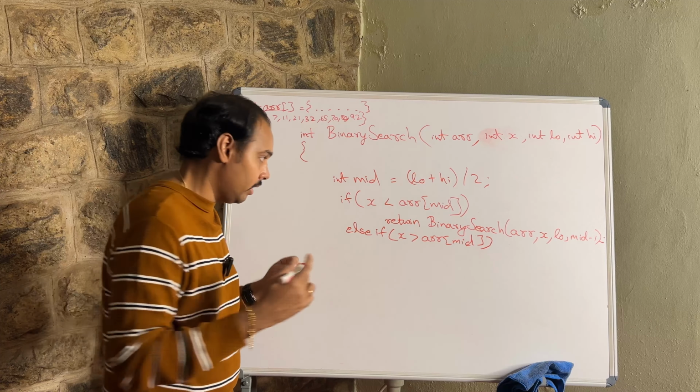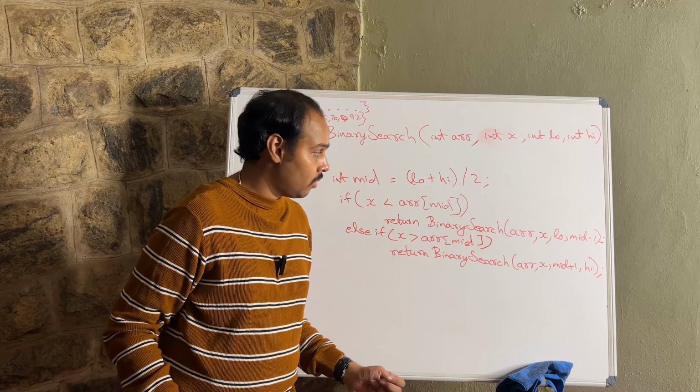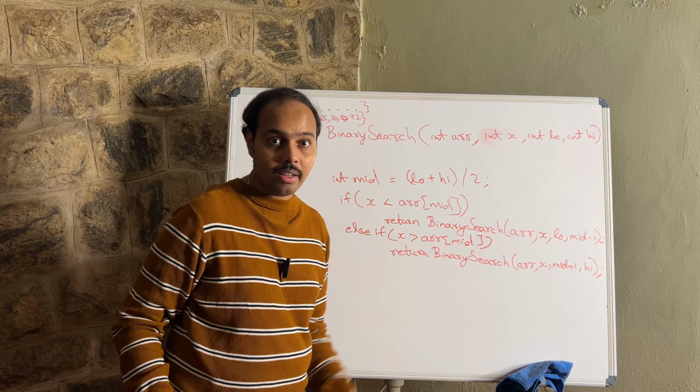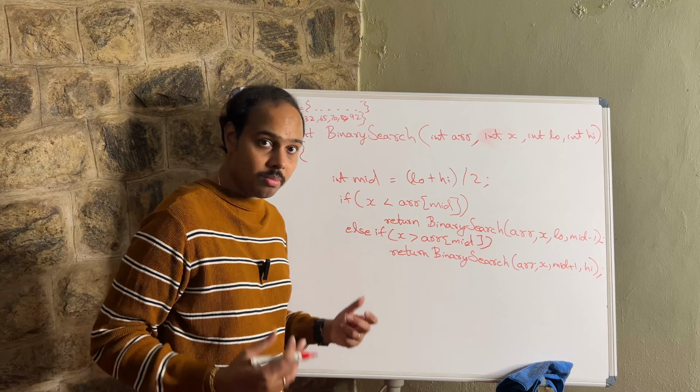Return binary search ARR, x, mid plus 1, high. Why did we not pass mid? Instead, we passed mid plus 1, because we checked whatever is in mid is not equal to x, it is less than x. So we are passing whatever is in mid plus 1 till high.